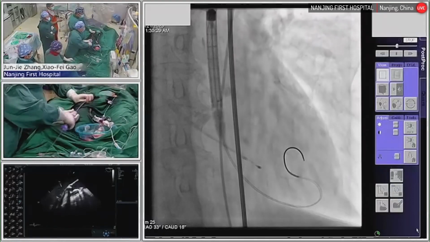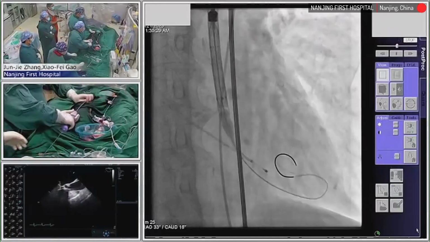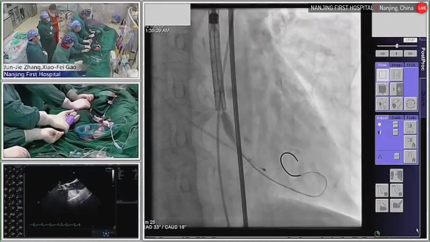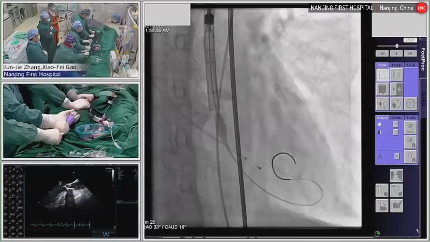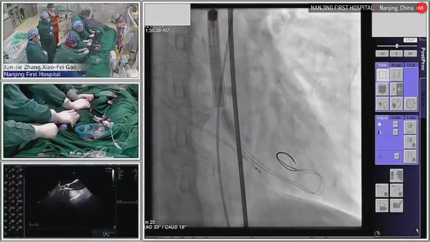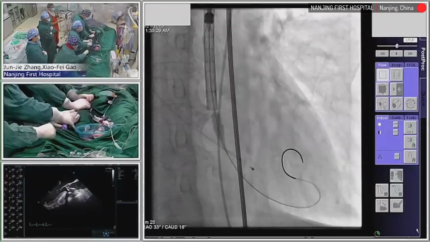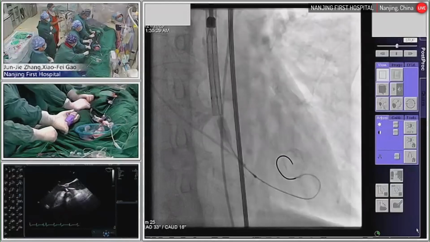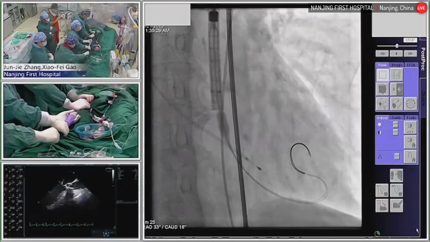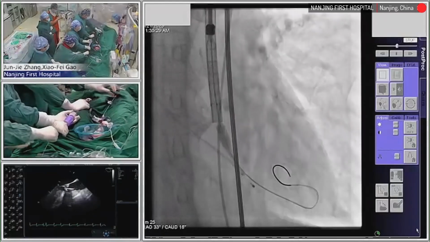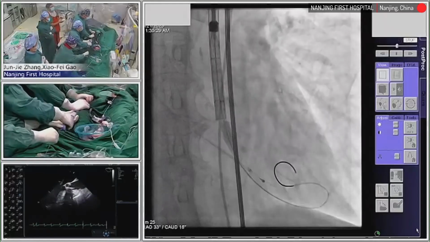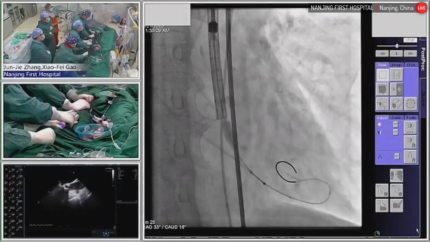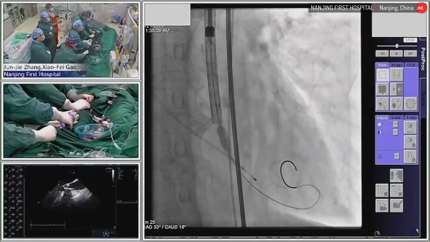Okay, good. Pull back a little, push down a little. Okay, good. Up, pacing 100. Okay, good. So I will do a high implantation.